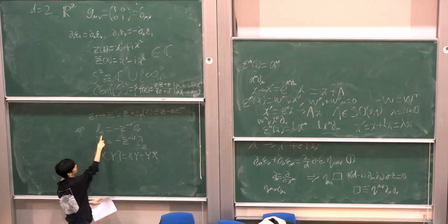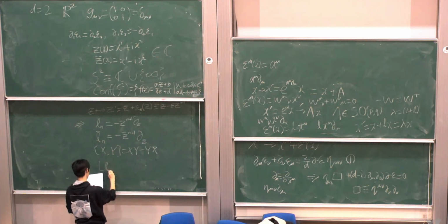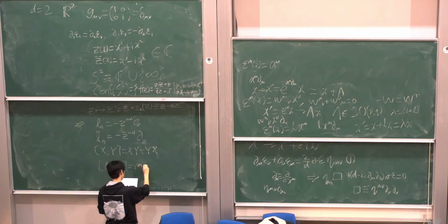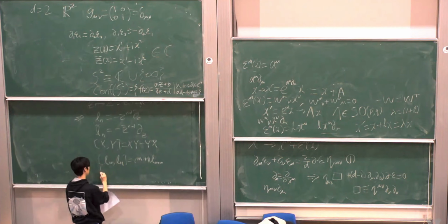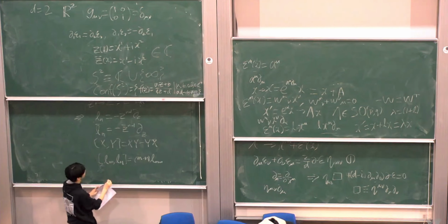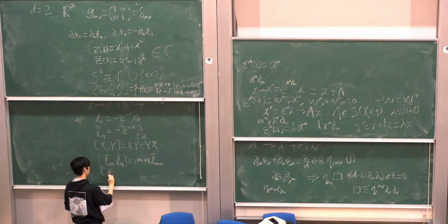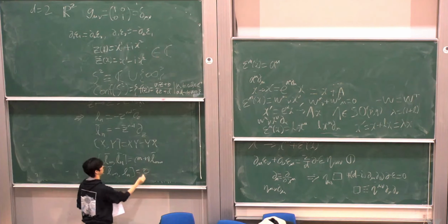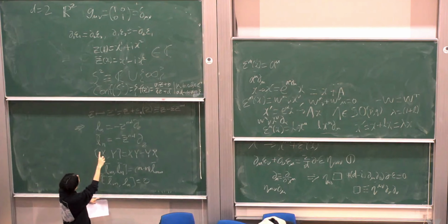If you do this with all possible combinations, we get m minus n, m plus n, and the same thing for the bar. And when you have two different ones, then you get 0. And that's the closed form of the Lie algebra of the conformal group we have there.